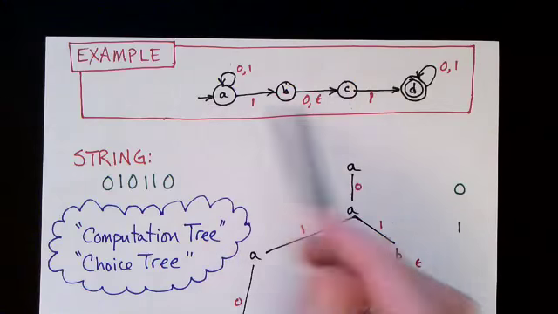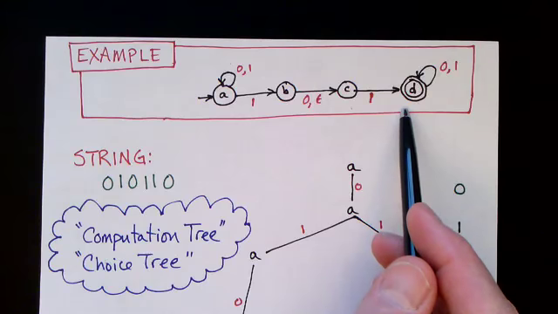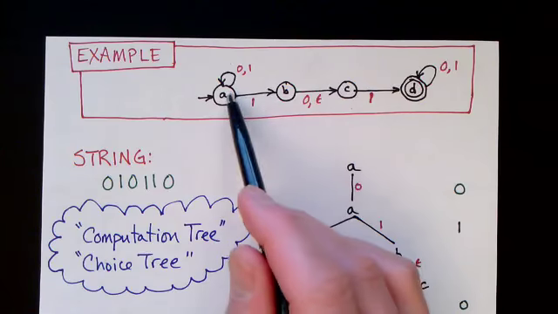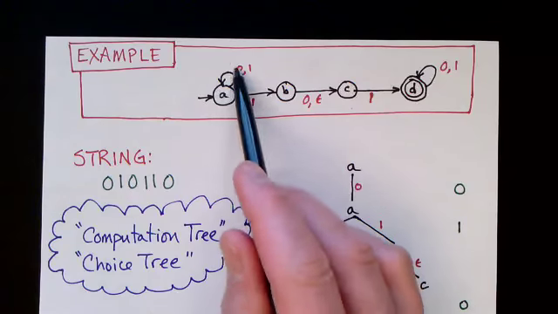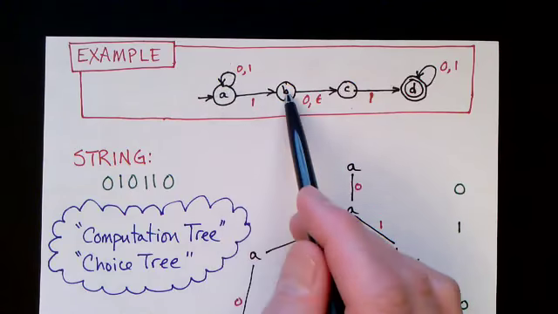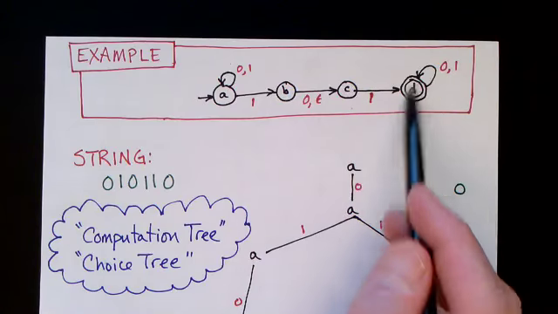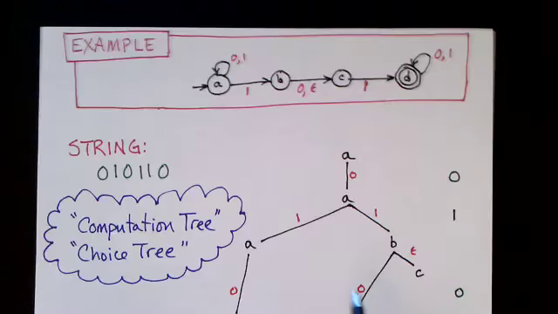There may be other ways to get from the initial state to the final state with this string. But there's at least one that I've just shown, 0, 1, 0, 1, 1, 0. So that means this string is accepted.